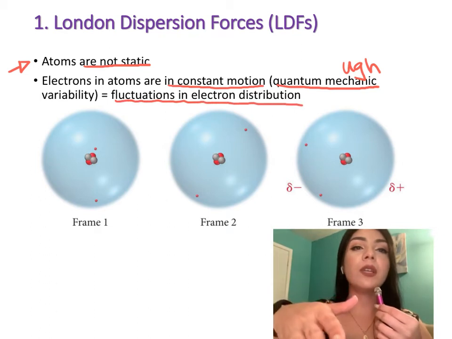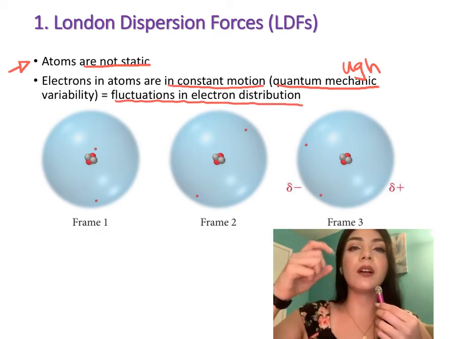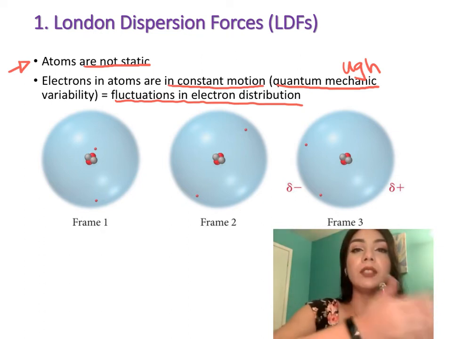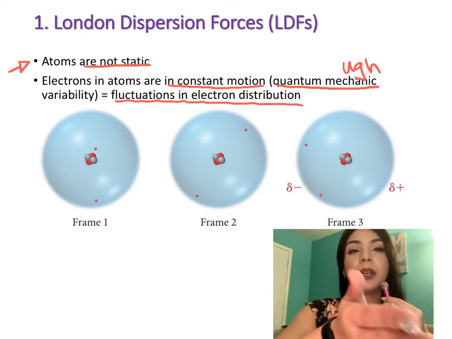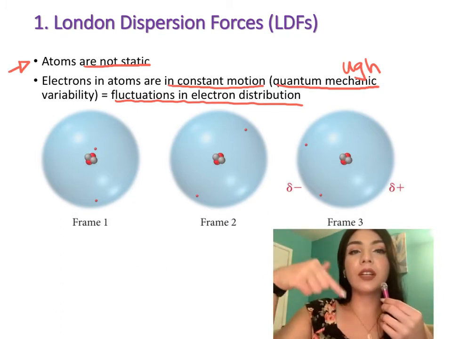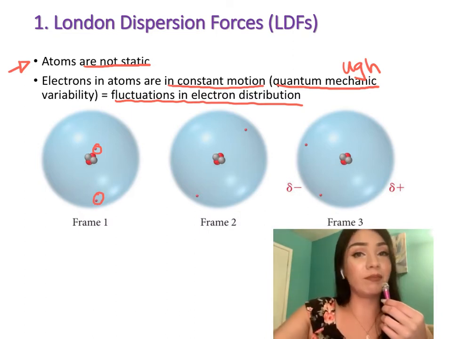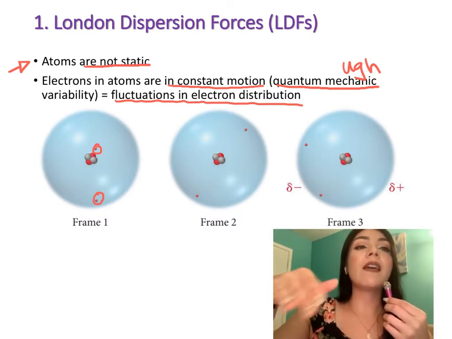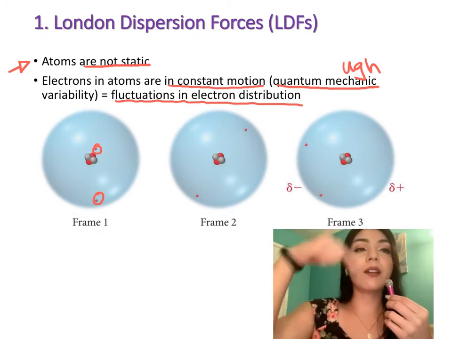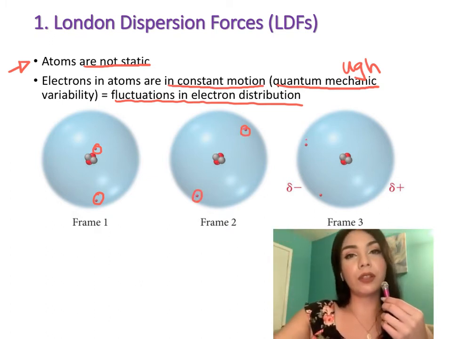And let's say we took some pictures of an atom, and obviously it's in motion, so they're going to be different, like frames, right? So here we have 3 frames. In the first frame, one electron's closer to the nucleus, one's kind of on the outside, whatever, random places. And then in the second frame, they're kind of on opposite ends, right? And then in the third frame, we see that they're kind of closer to each other.